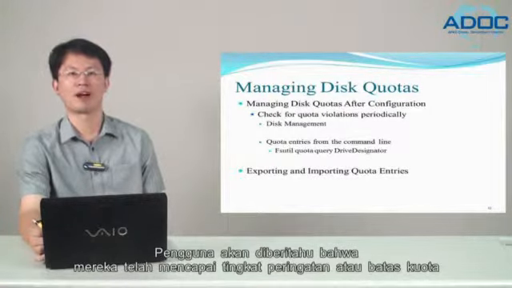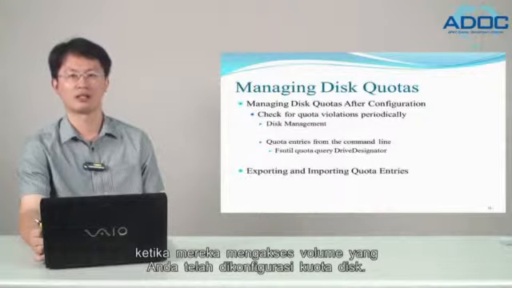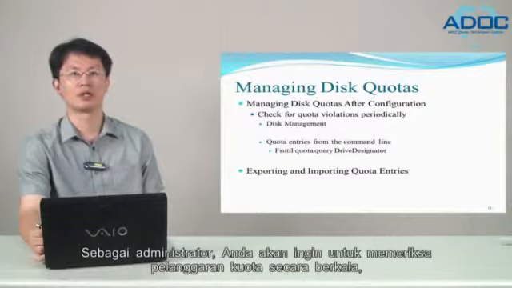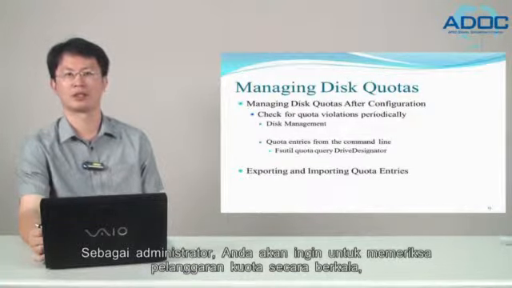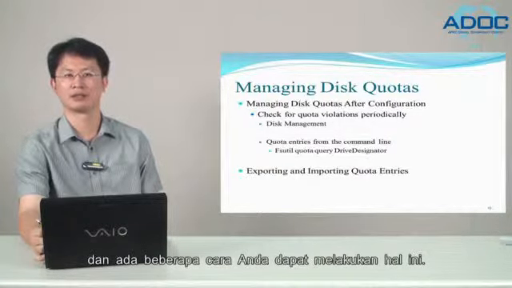Users are notified that they have reached the warning level or quota limit when they access the volume on which you have configured disk quotas. As an administrator, you want to check for quota violations periodically, and there are several ways you can do this.